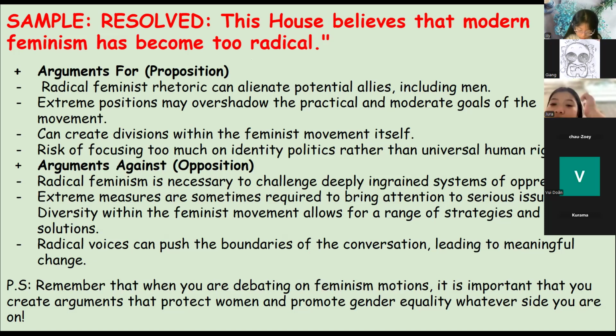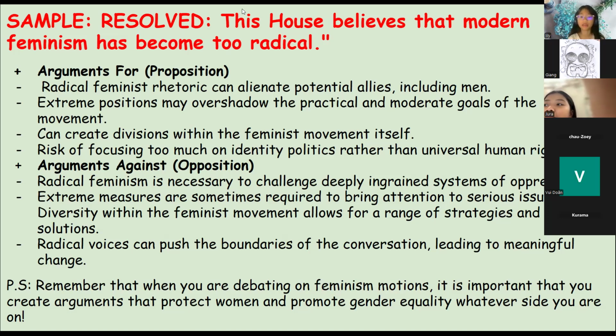Lily, can you read for me the arguments for proposition, please? Yes. Rhetoric can alienate potential allies, including men.